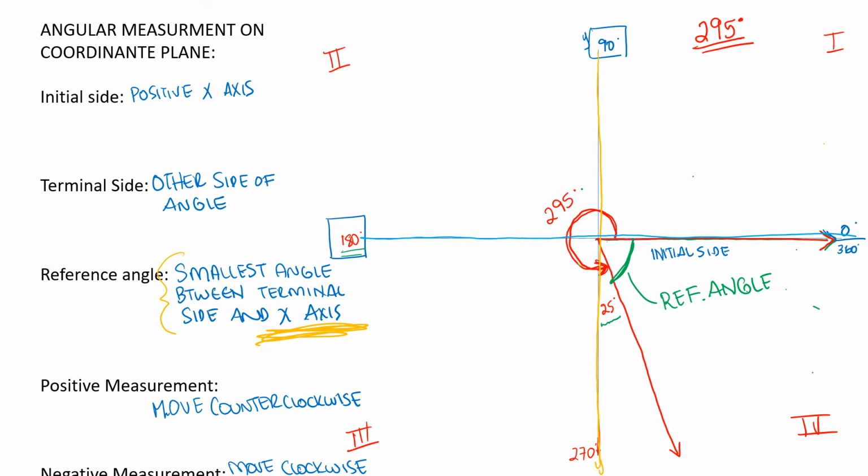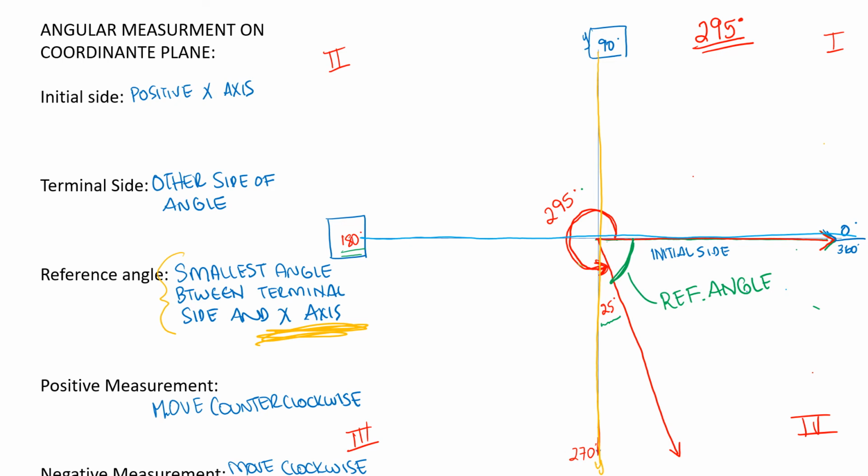As always, initial side right here, you're going to go 70 degrees. 70 degrees doesn't even get past the first quadrant. 70 degrees right here. And your reference angle, check it out, is also 70 degrees.